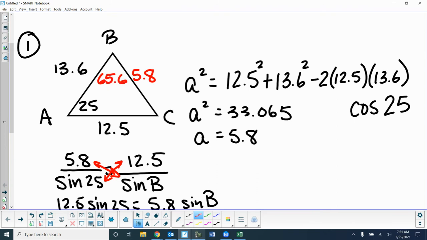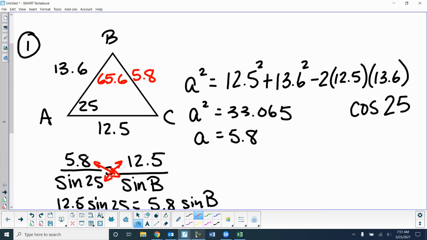If you had 5.75 instead of 5.8 for A. So it depends how you round it. But if you just always round to tenths, and don't round until after you take the square root or after you do the second sine, second answer, or second cosine, second answer, round to the tenths. Then we'll all be very close to having the same thing.